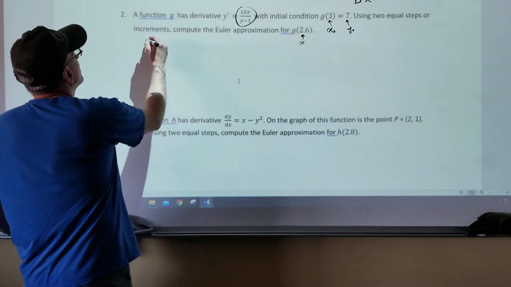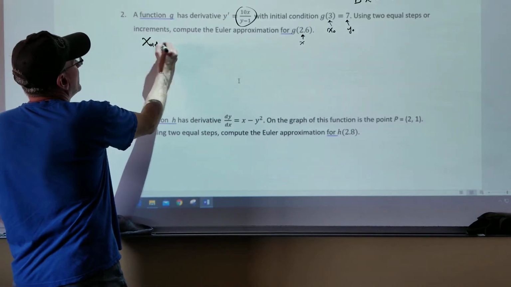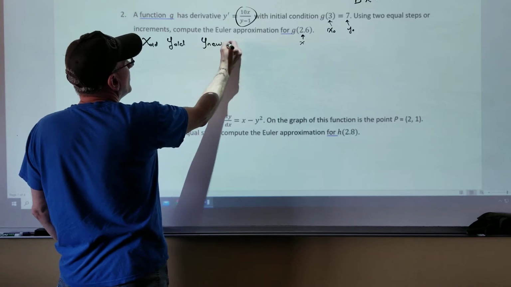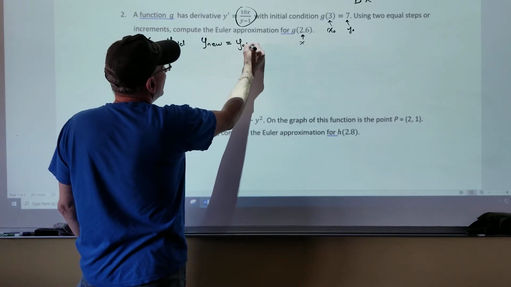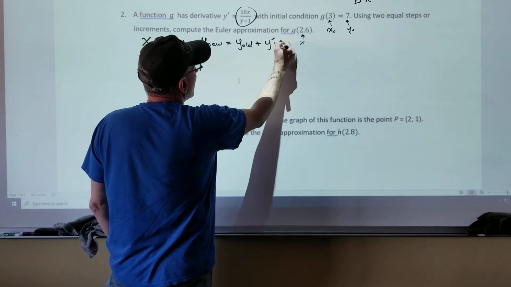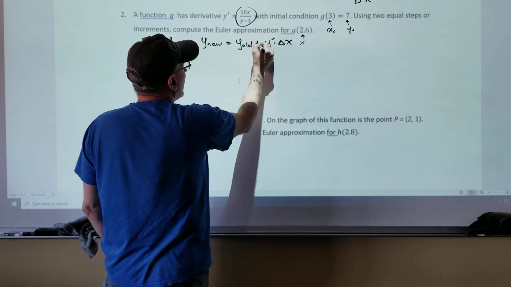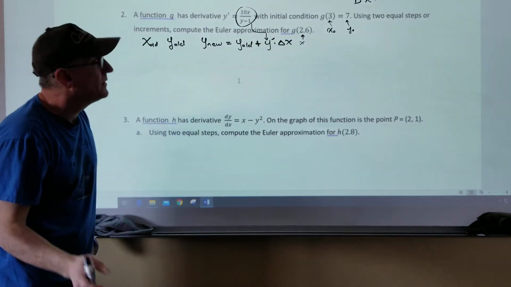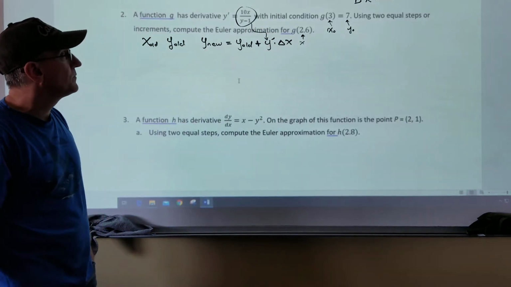Good news, 2 equal steps goes pretty fast, so this problem shouldn't be nearly as time consuming as the last one. So I've got an old x, I've got an old y, I've got an Euler solution for a new y. It's always the old y plus y prime times the step. And keep your eye on this because that's what I'm going to continually use to calculate y prime.